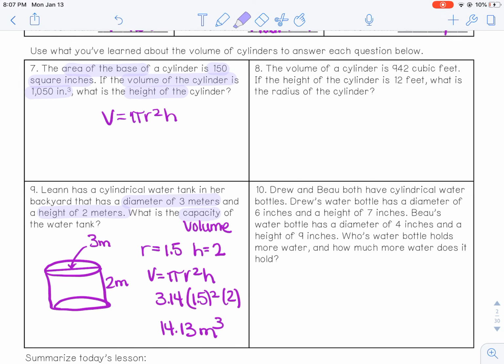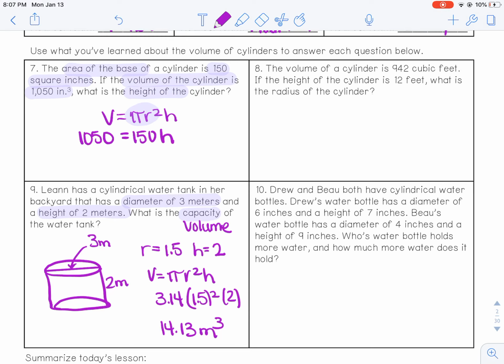Well, I know that this part right here is the area of the base. So they said the area of the base is 150, so I'm just going to replace that with 150. They said that the volume is 1,050, so I'm going to replace V with that. And I have to find height.